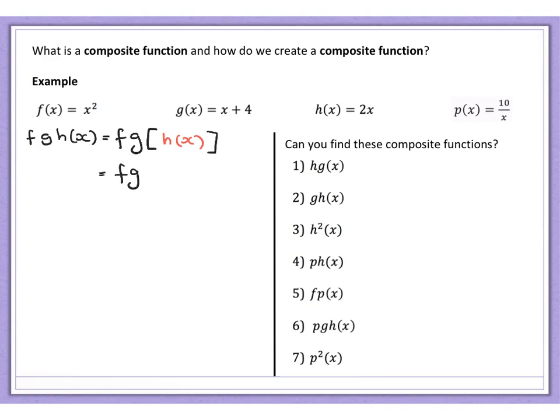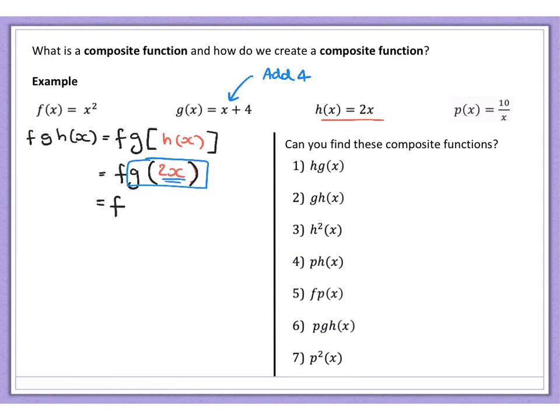So h of x is equal to 2x. So that gets us to this stage here. We're then going to leave f for the moment and we're going to focus on this part, g of 2x. So thinking about the function g of x, it simply means add 4 to whatever your input is.